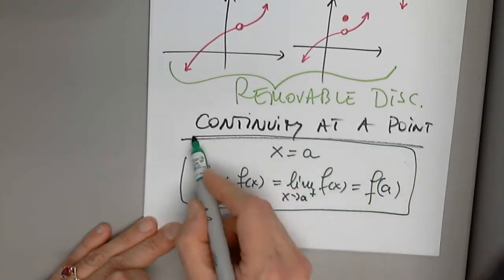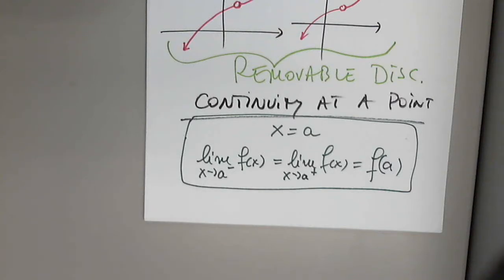This is the definition of continuity at a point. Crucial definition moving forward. So for a function to be continuous at a point, both limits, left and right, must exist and be a number, and not any number, but equal to the number that represents f of a.